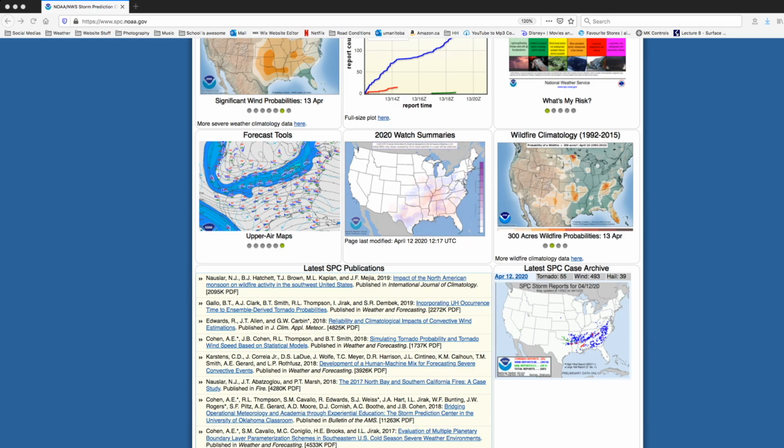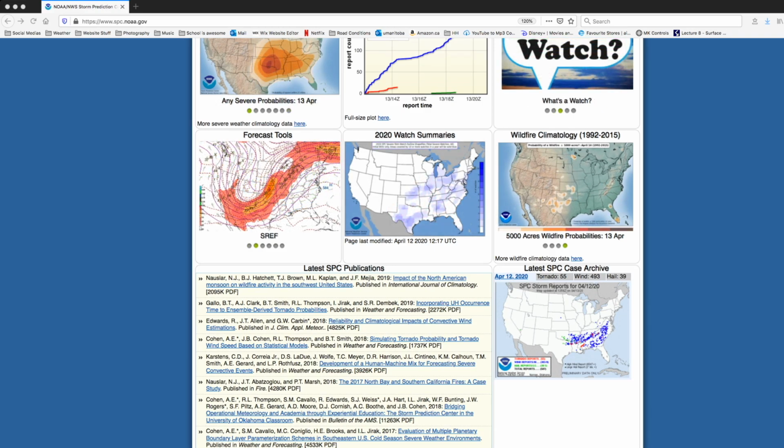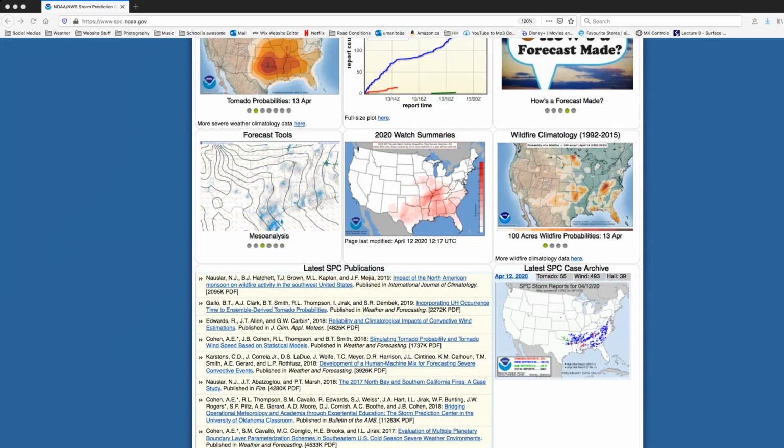But what you need to know is that there are different levels in the atmosphere. So far, we've only been doing surface maps, so near the surface, which is usually around 1,000 millibars. Now we are going to shift gears to 500 millibar heights.